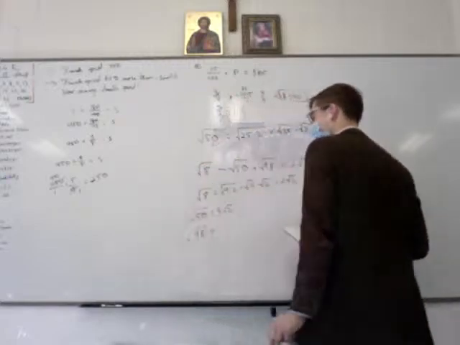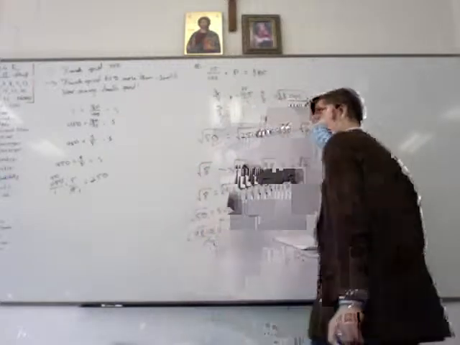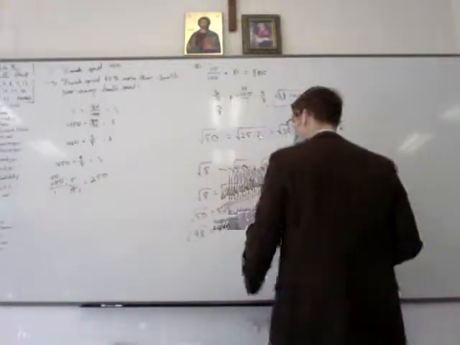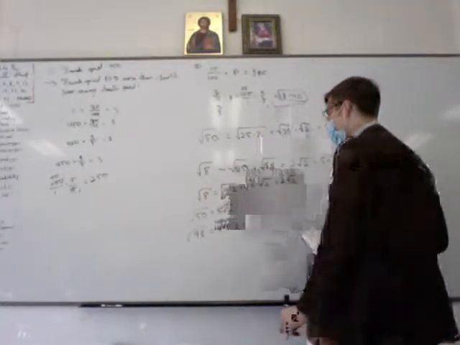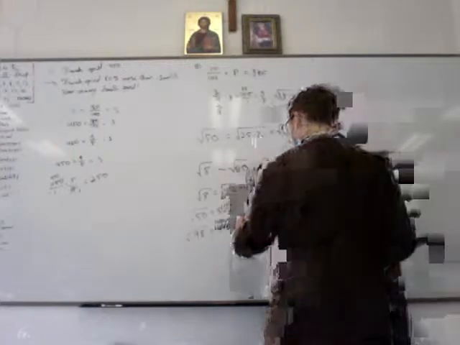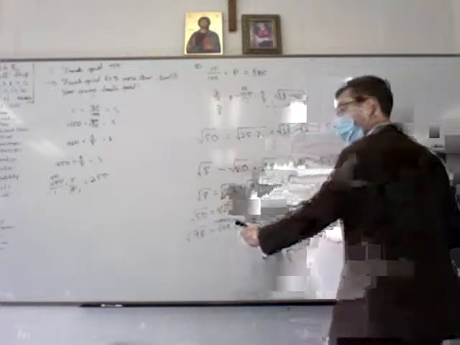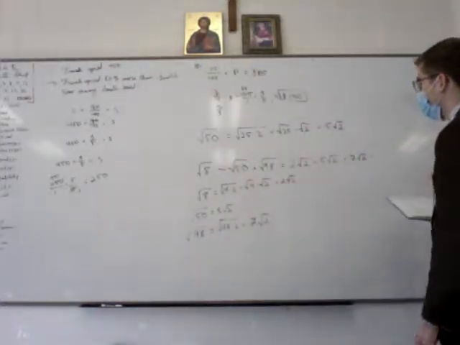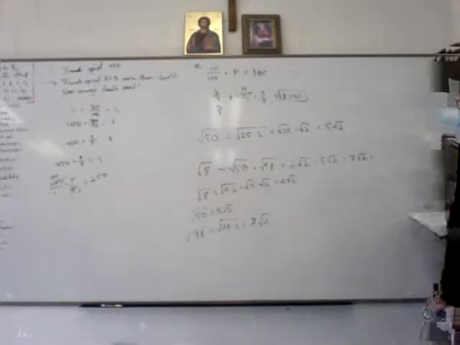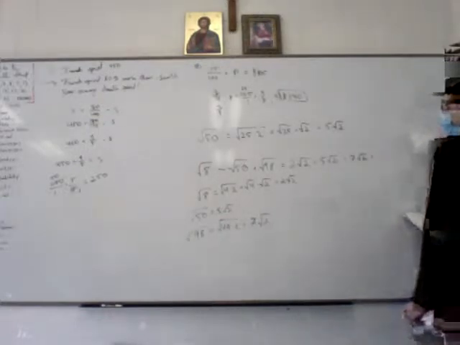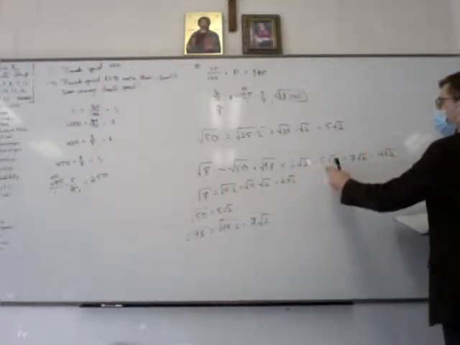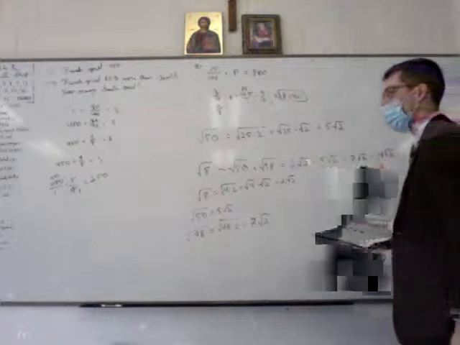It's 49 times 2, and the square root of 49 times 2 is 7 radical 2. 49 is a perfect square. So minus 5 radical 2 plus 7 radical 2. What's the answer? 4 radical 2. Because we got 2 of them, then we subtract 5, so we got negative 3 of them, and we add 7, so now we have positive 4 of them.